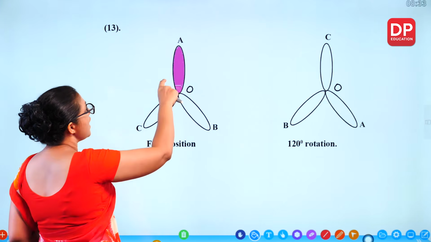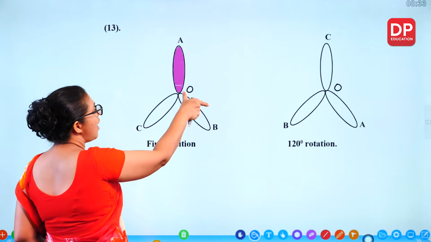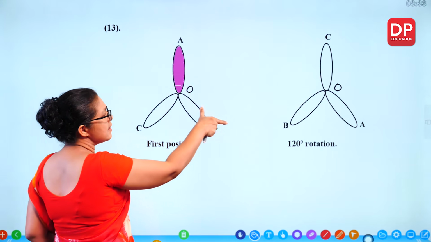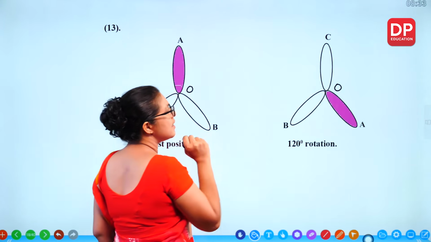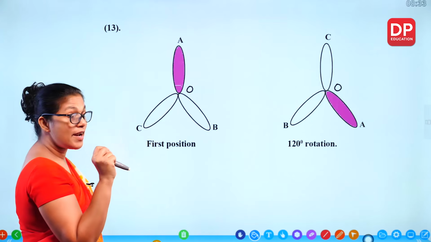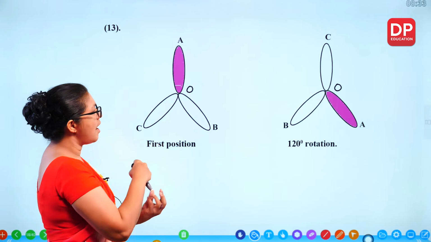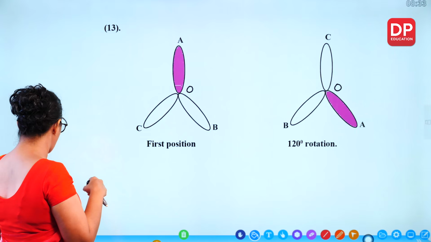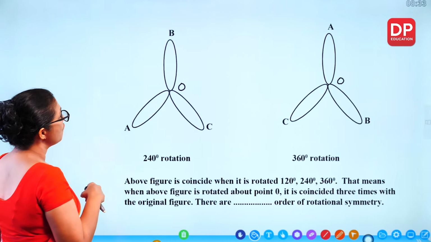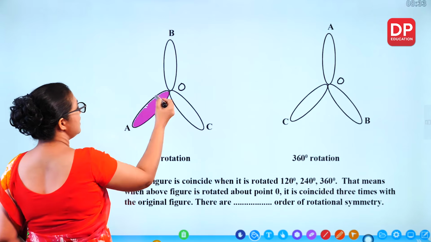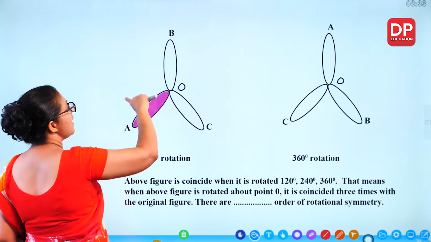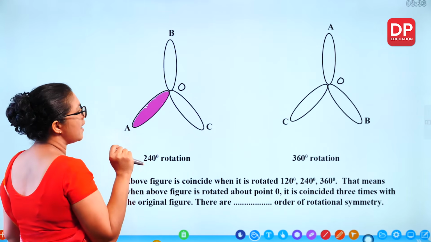When you rotate 120 degrees, you get the same shape. So this A petal comes here. So 120. Another 120, that's 240. What do you get? The same petal here, so the A position is there. A, B, C comes like that.